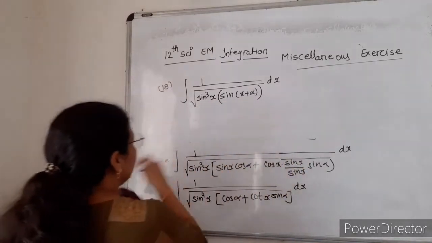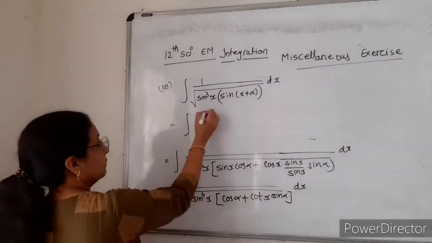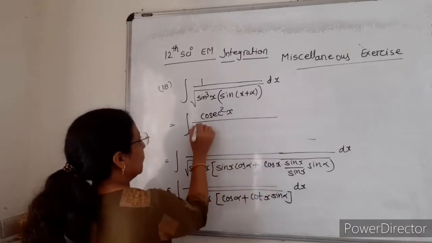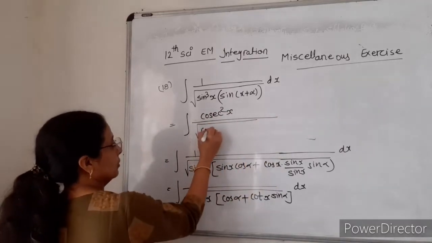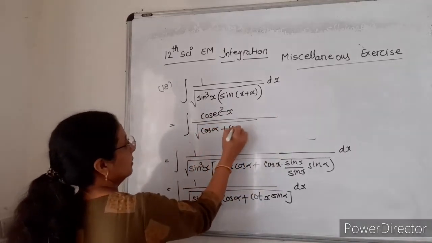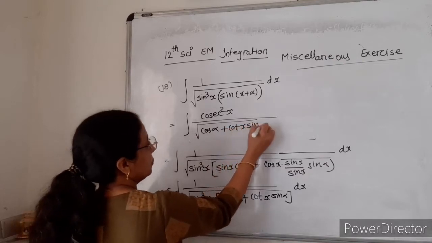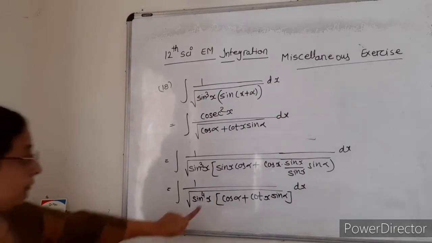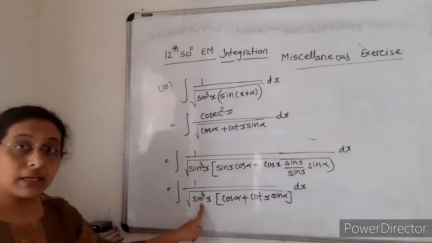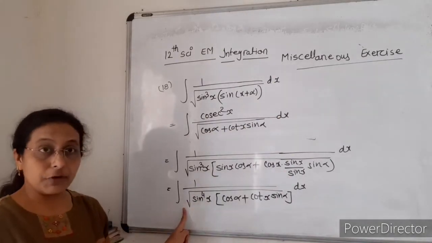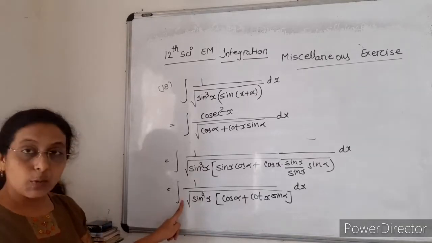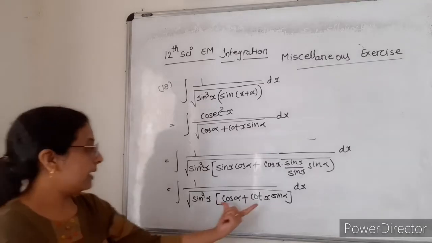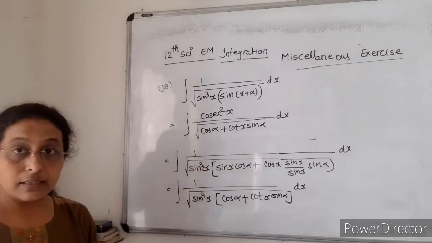Here integration of cosec square x upon under root of cos alpha plus cot x into sine alpha dx, right? Yes. This is the sine square x when you take it from the outside from the square root. Now this is sine square, so it is 1 upon sine square. I will write here cosec square x and this bracket as it is.